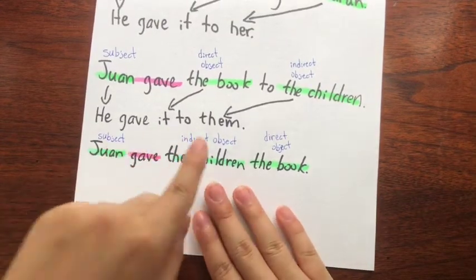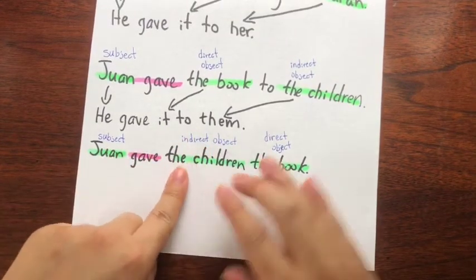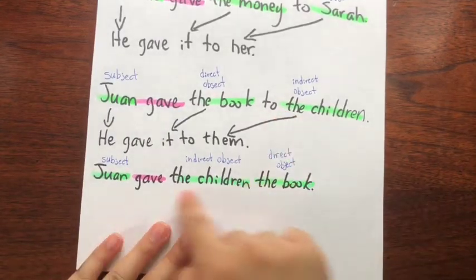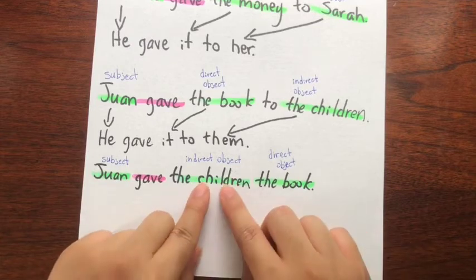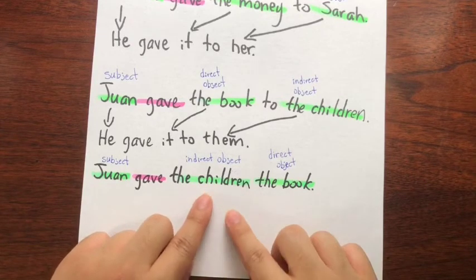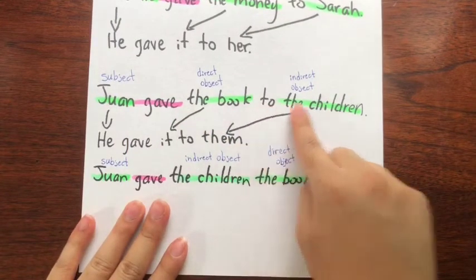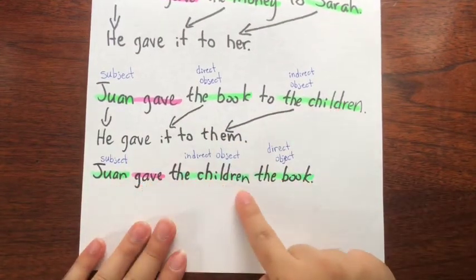So if the indirect object comes first, we don't need the word to. See, in this sentence, we don't have the word to because the indirect object comes first before the direct object. Juan gave the book to the children. Juan gave the children the book.